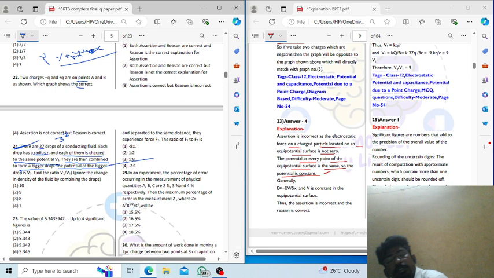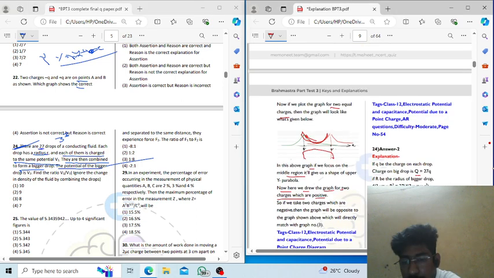Q is given, and the radius R is bigger. The volume will remain the same: the volume of these 27 drops and the volume of this one big drop will be same.